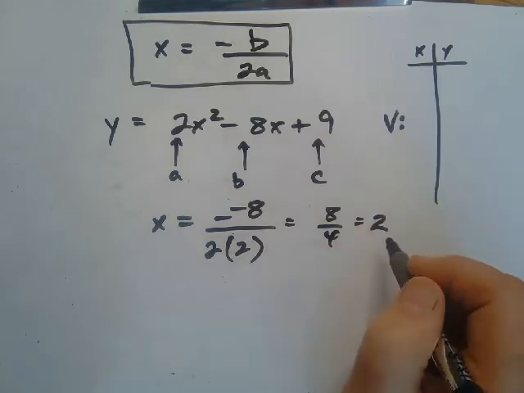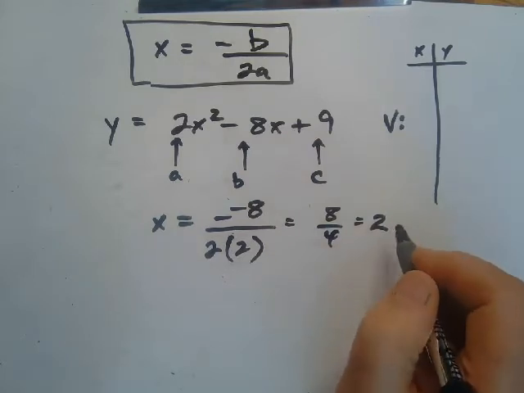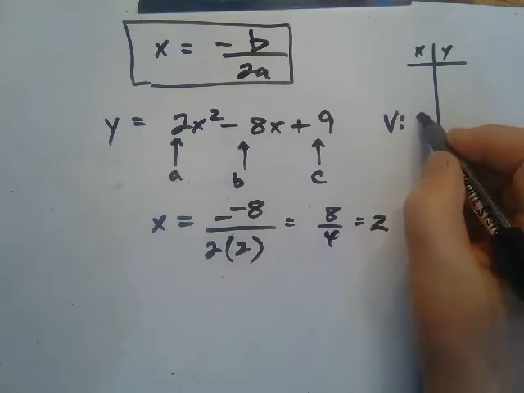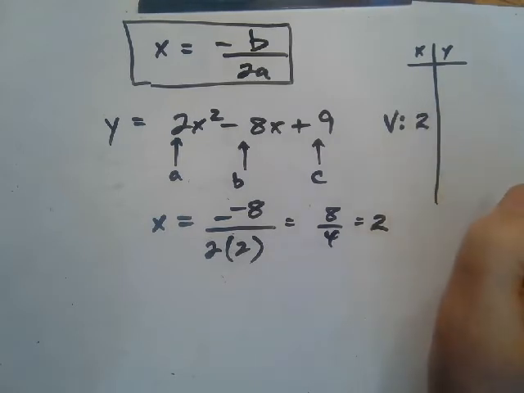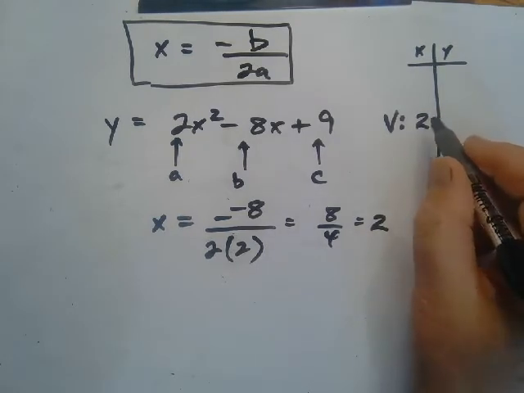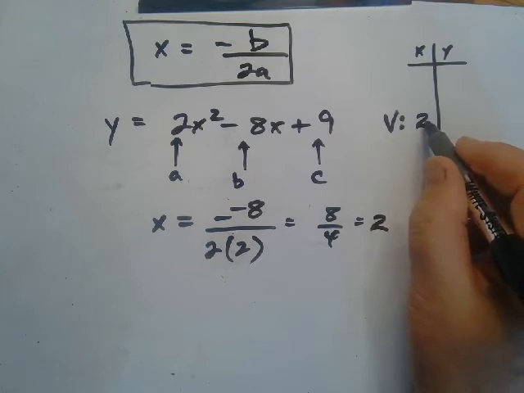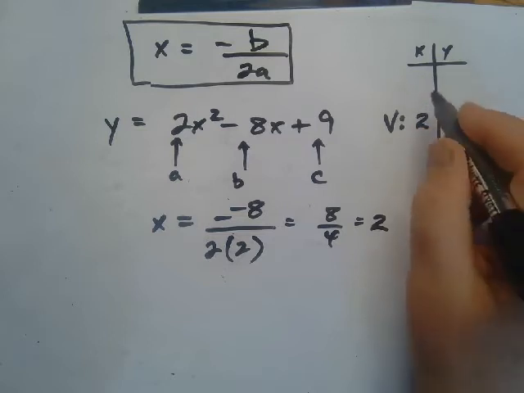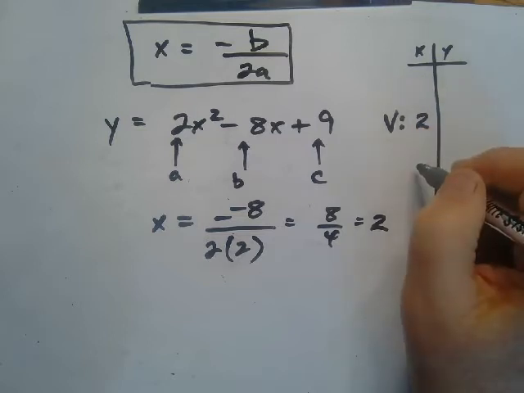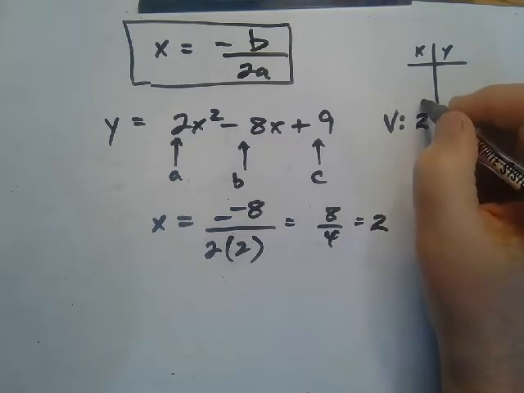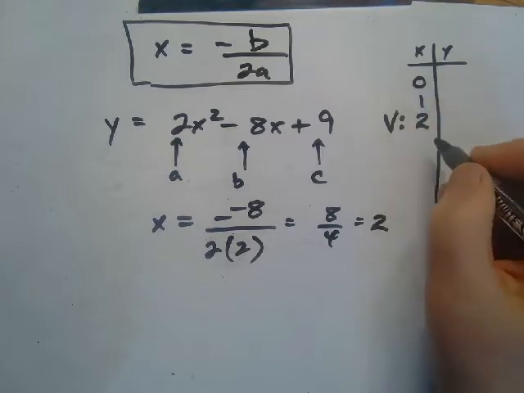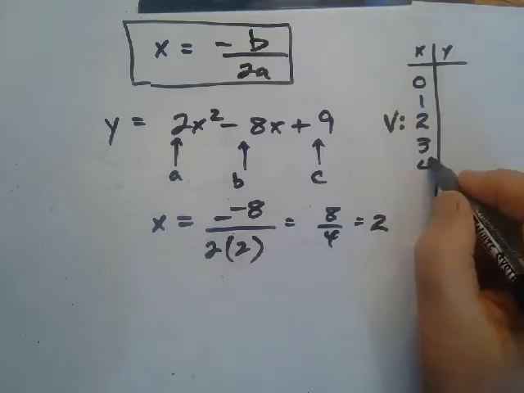So it tells me that my axis of symmetry and my vertex is at 2, something. Now I know that my vertex is going to be at 2, something. I can go ahead and pick some other values on both sides of this. So I'm going to go down by 1 and down by 1 and up by 1 and up by 1.